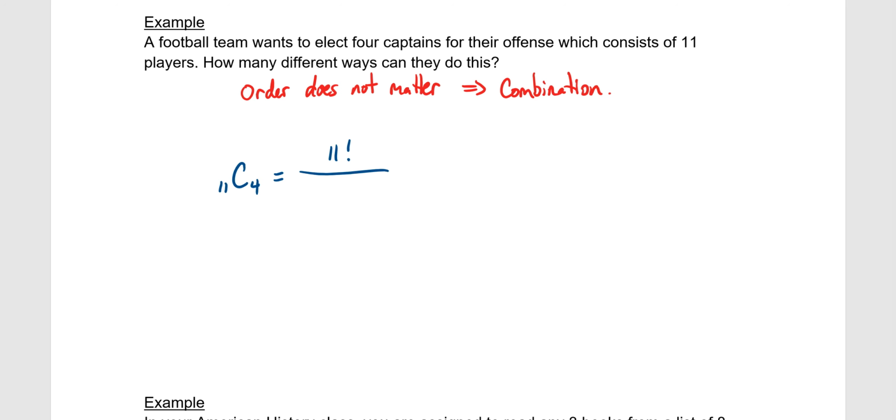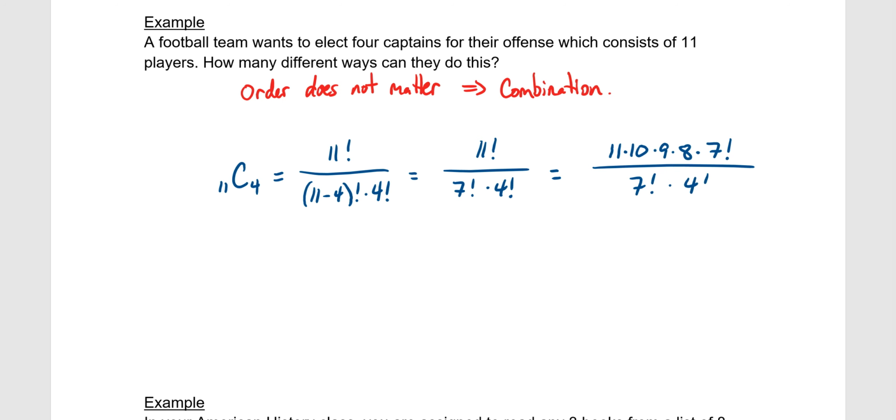That's going to give us 11 factorial over 11 minus 4 factorial times 4 factorial, which is going to be 11 factorial over 7 factorial times 4 factorial. So let's cancel the larger number in the denominator as usual. Let's cancel 7 factorial, which means we write the numerator as 11 times 10 times 9 times 8 times 7 factorial.